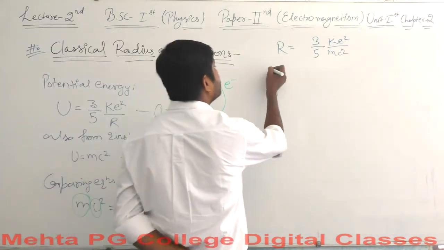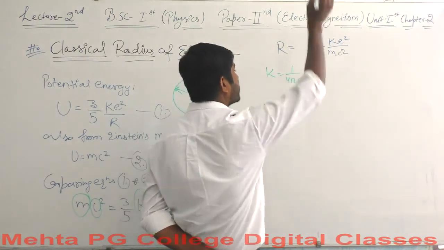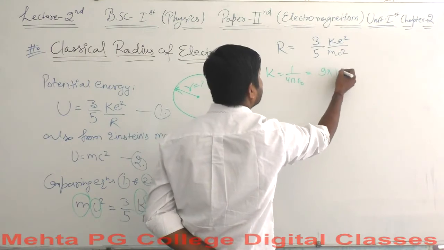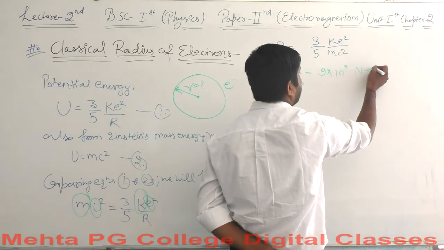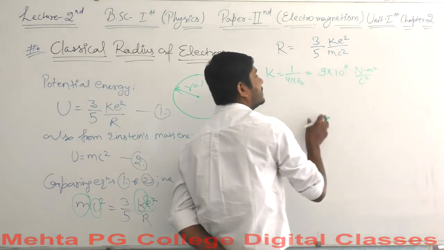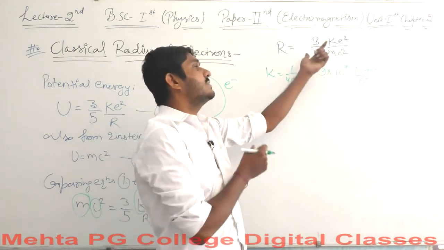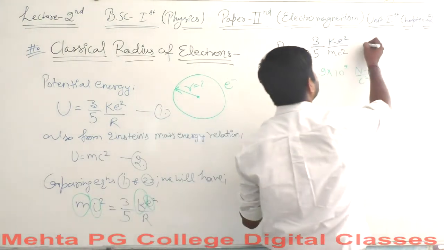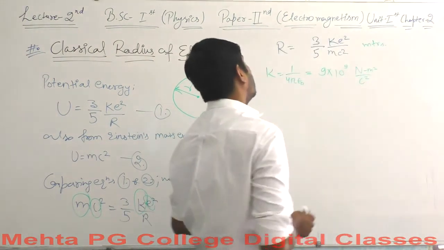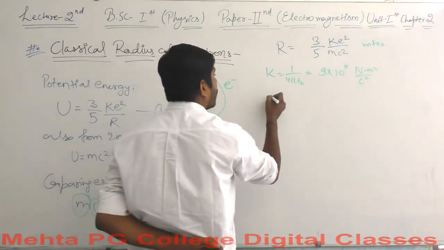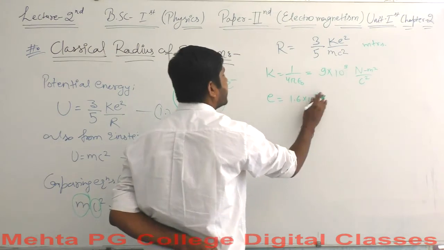You remember that K is equals to 1 over 4 pi epsilon naught, and this is equals to 9 into 10 to the power 9, with units Newton meter square per coulomb square. The unit is not so needed, because radius has only a single unit, the meters here. We will map this one in meters. Okay, so this is the value of K. Also the value of e here is 1.6 into 10 to the power minus 19 coulomb.